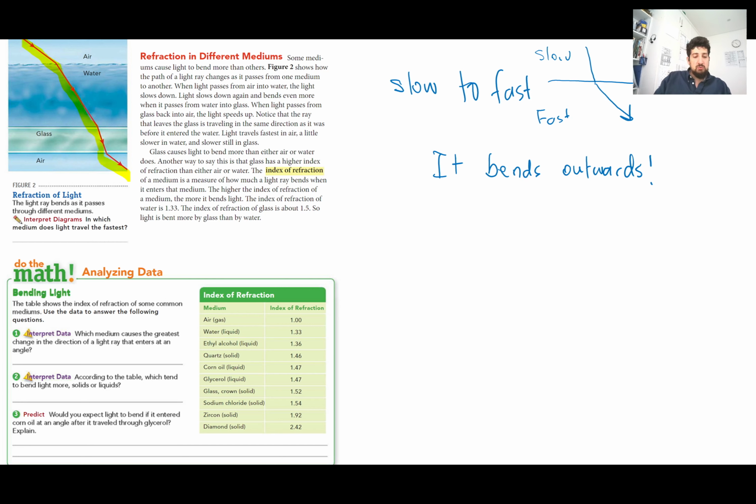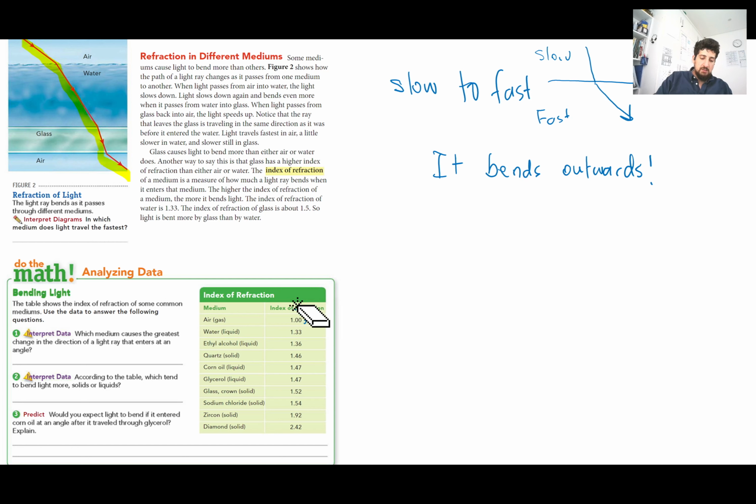Different materials, it turns out, have different numbers that describe how much light is going to bend. So here we start with air, which is 1.00, but that's only because they're going to two decimal places. If they had three decimal places, it would be 1.003. And the true 1.00 would be a vacuum.